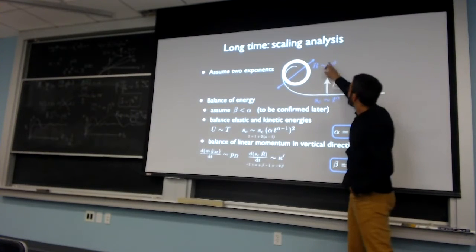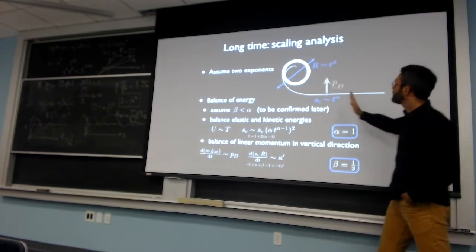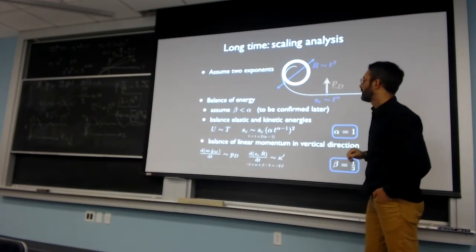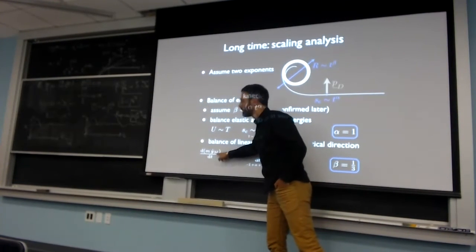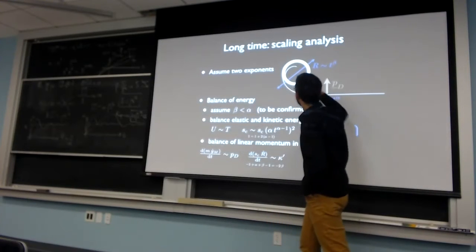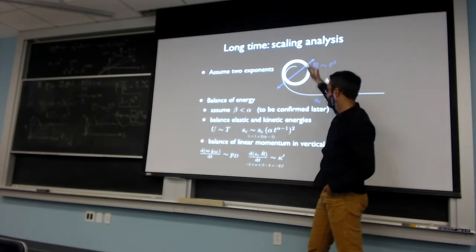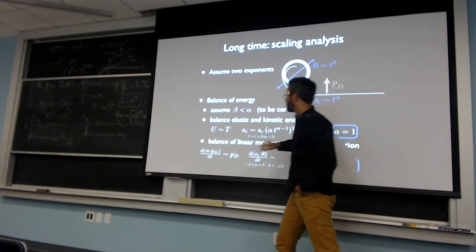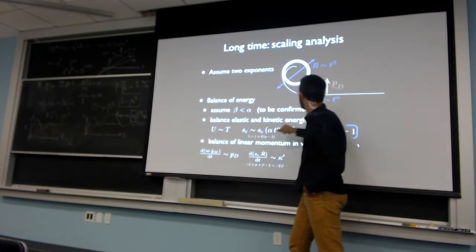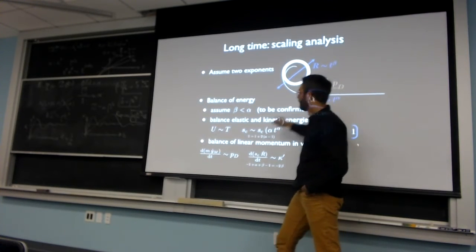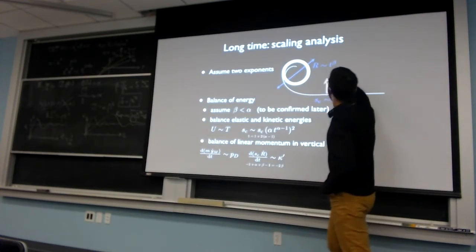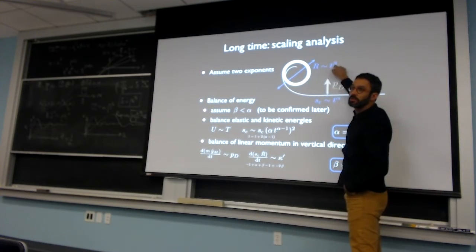Okay, now you can try to find this, and then we do a balance of linear momentum. So the linear momentum in the upper part will be the mass here times the typical velocity. The mass is t, because now we know alpha equals 1. The vertical velocity will be the derivative of this, so that's t to the power beta minus 1.